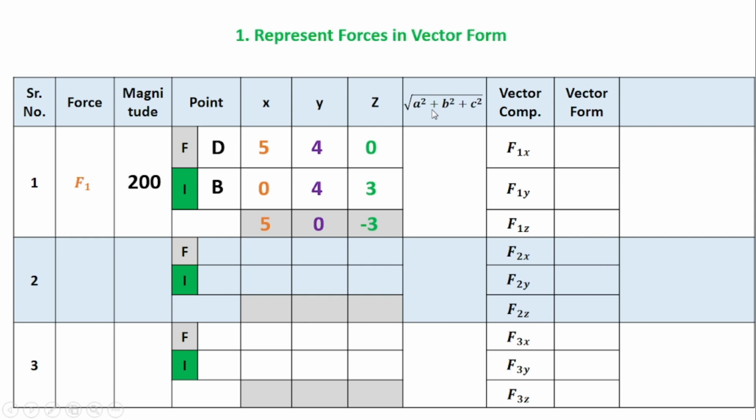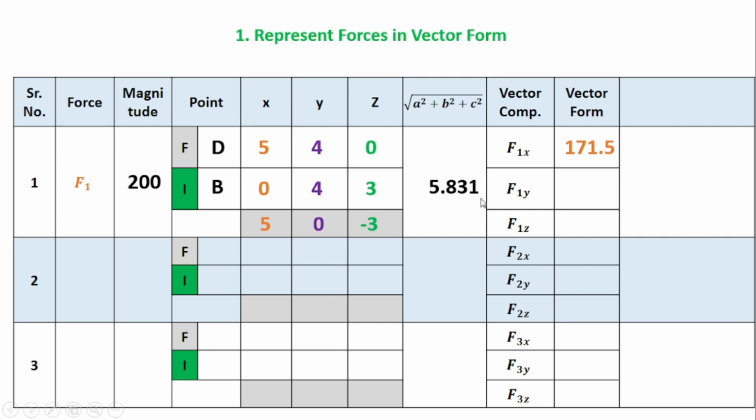So put it here, square root of 5 square plus 0 square plus minus 3 square. The answer is 5.831. In detail we have explained this part in the previous few videos, I will not waste your time. So F1x is equal to the magnitude into A, that is 200 times 5 divided by 5.831. The answer is 171.5.